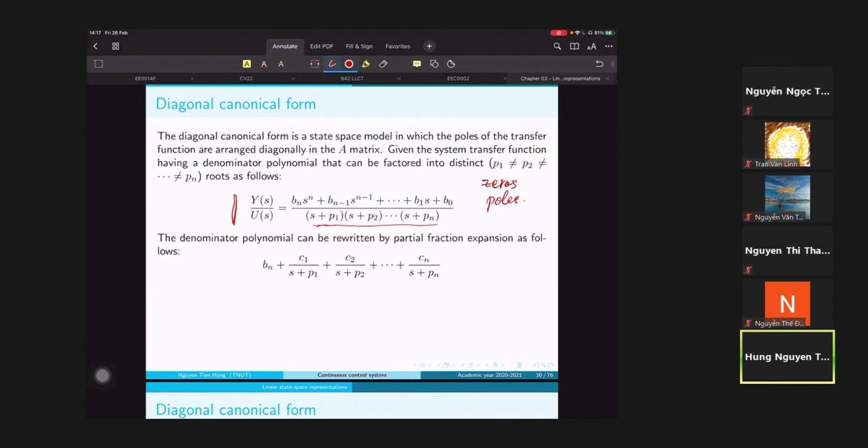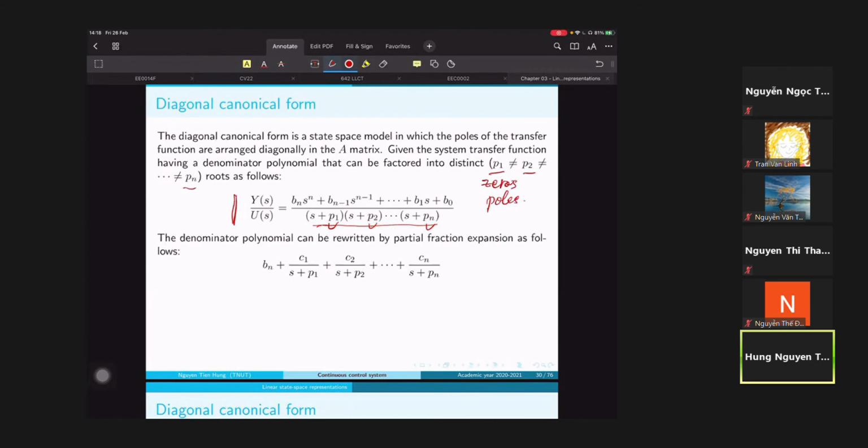In the diagonal canonical form, we assume P1, P2 up to Pn are distinct, meaning they are all different. We have no identical roots.